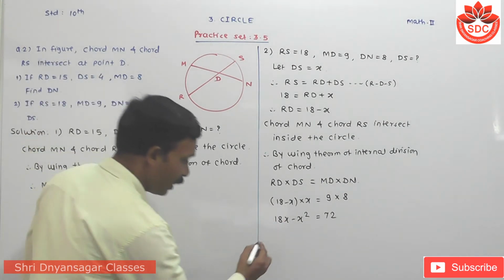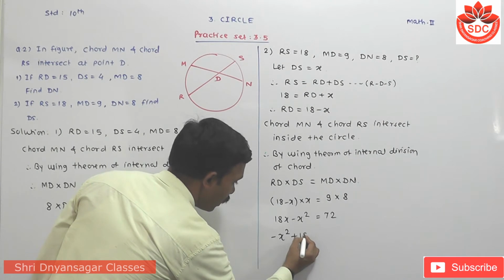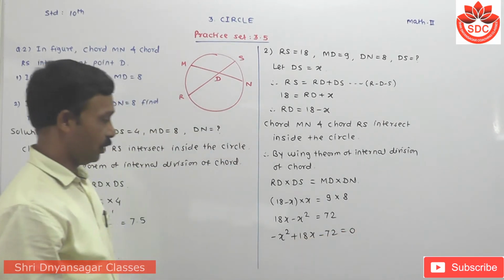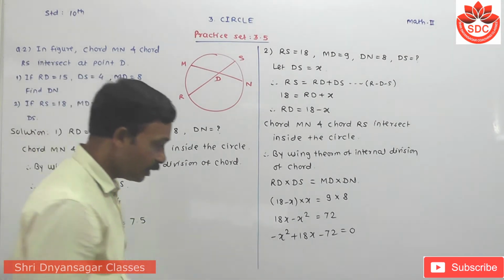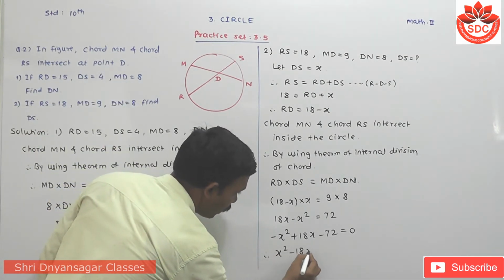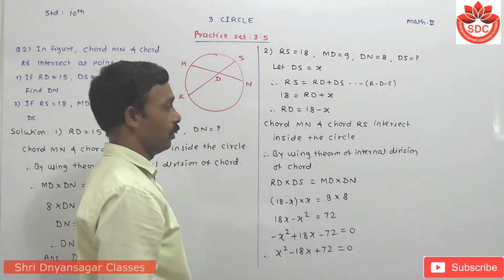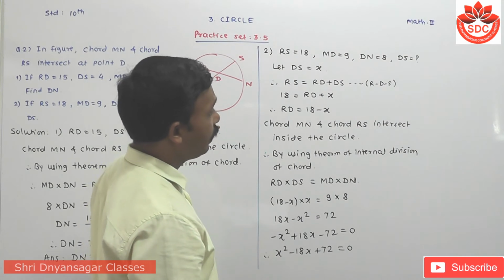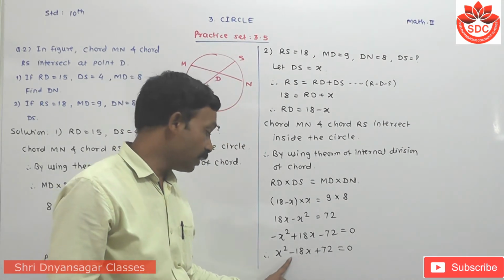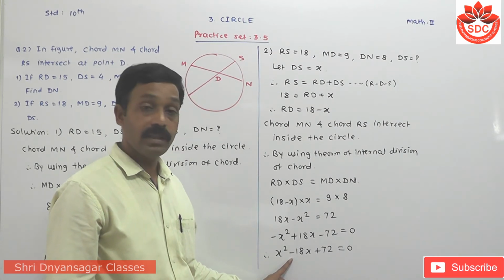Transposing to this side, we write minus x square plus 18x minus 72 is equal to 0. Then changing the sign, we get x square minus 18x plus 72 is equal to 0. Students, find the factors of plus 72 whose sum is minus 18. This is so simple: 12 and 6.